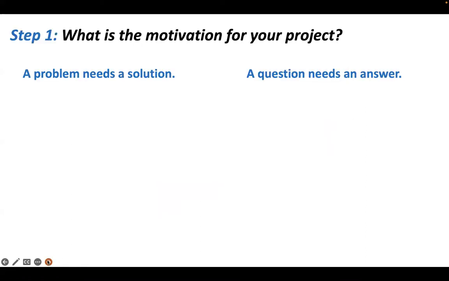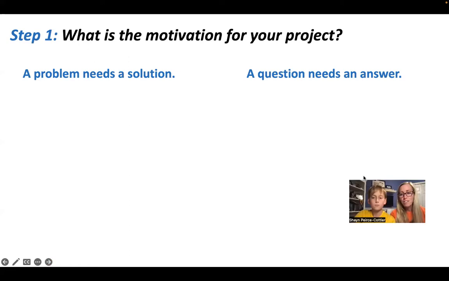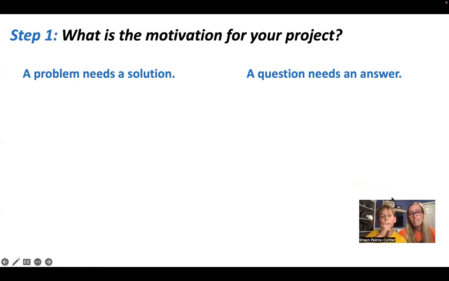Step 1 is describing the motivation for your project. So typically, in biomedical research, the motivation for our projects fall into one of two categories. It's either you're working on a problem that needs a solution, or you're addressing a question that needs an answer.